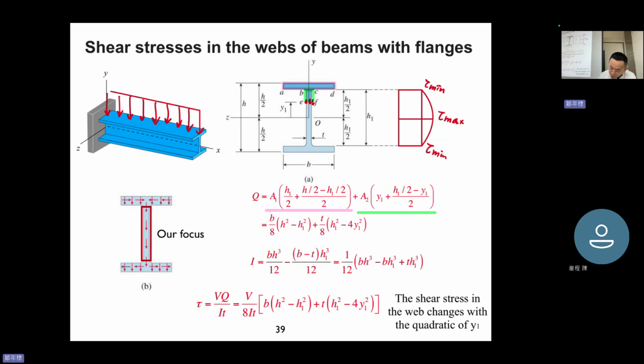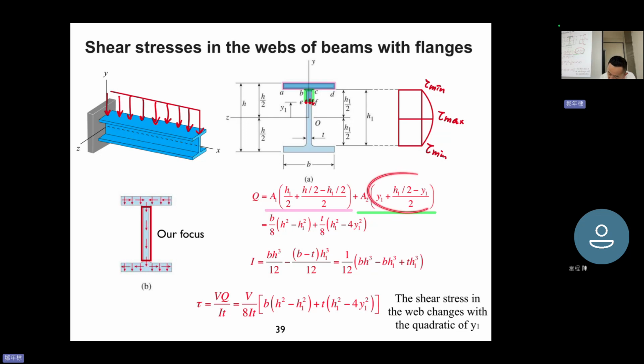Okay, so A2 here, small one. And this is Y1. And H1 over 2 minus Y1, so it's just the height of this green part divided by 2, plus Y1.